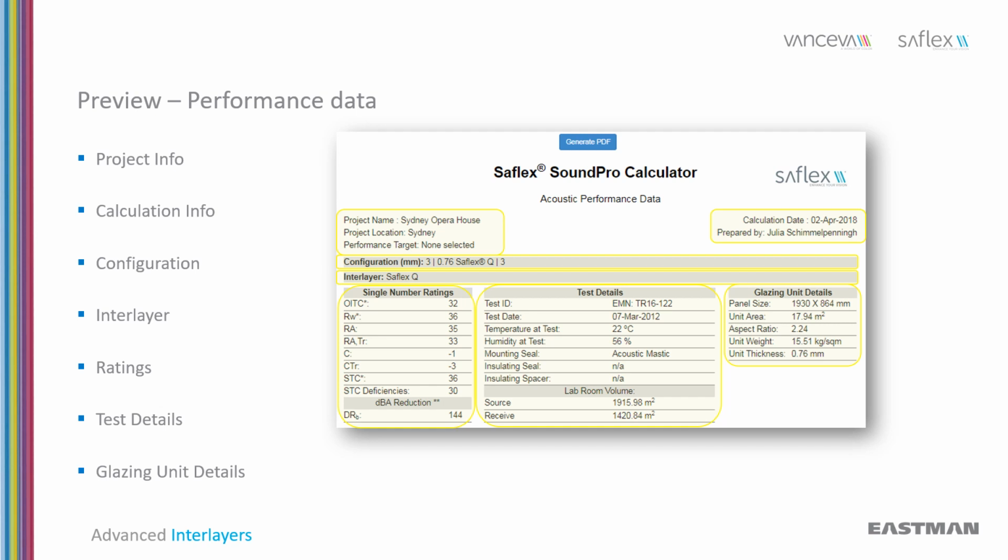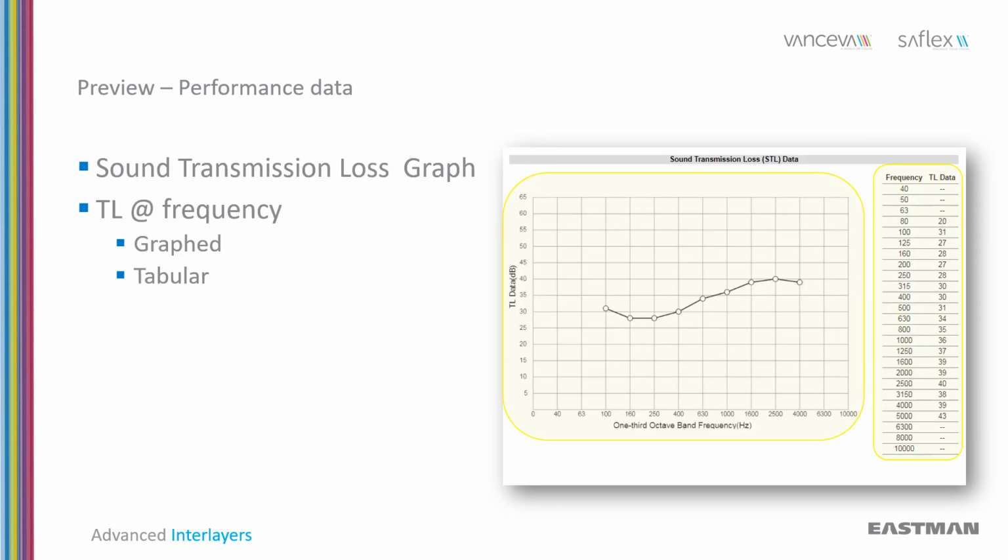The ratings are on the left-hand side, the test details are in the middle, so you have everything from a test code, an ID, the date, the test temperature, the humidity during the test, and all of the other details of the actual test. Then you have the glazing unit details, meaning the panel size and calculated unit area, aspect ratio, weight, and the overall thickness.